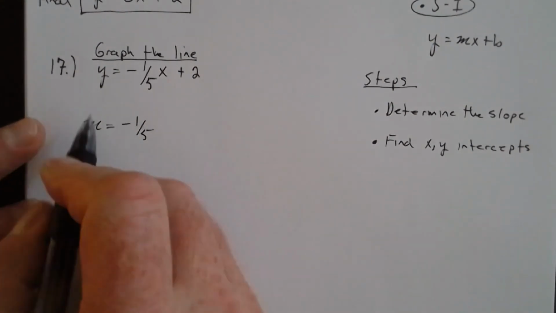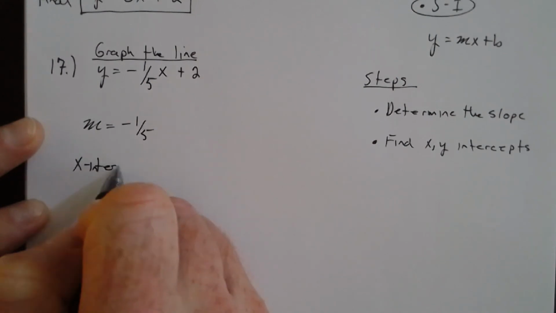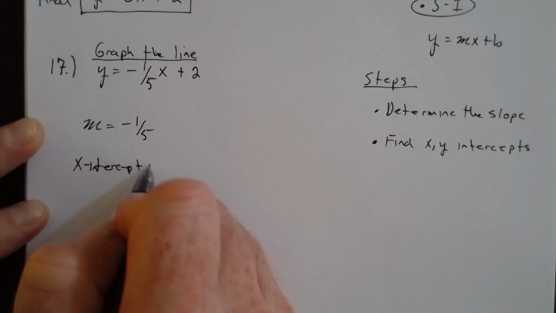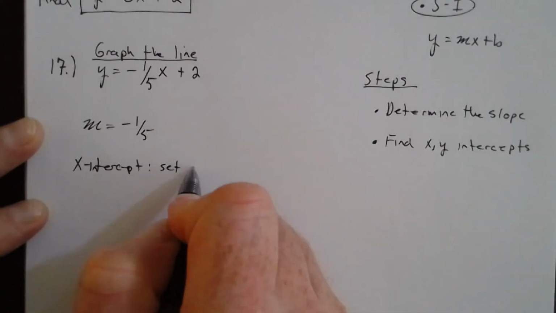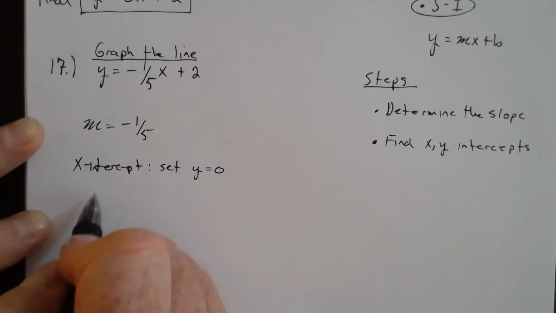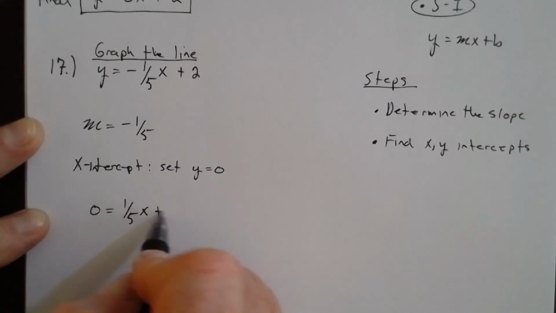So we set y to 0. So we have 0 is equal to negative 1/5 x plus 2.